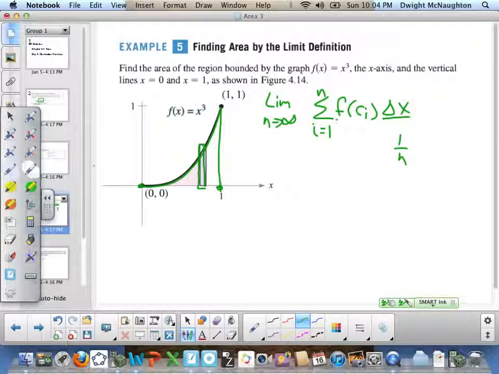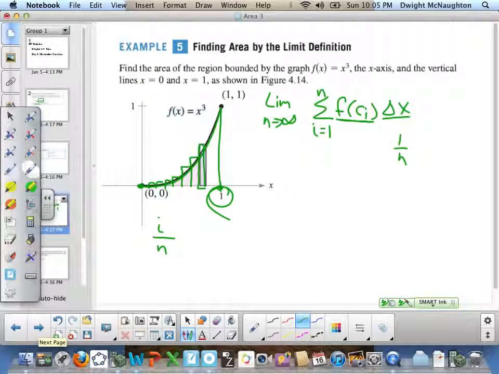Now, our function, we want to evaluate it, and we want to have our infinite rectangles. Each rectangle is going to be so high, and we want to evaluate it at either the left or the right. If we evaluate it at the right, it'll be i over n, because as i equals 1, it'll be 1 over n, and then 2 over n, and then 3 over n, until you get to n over n, which is 1.